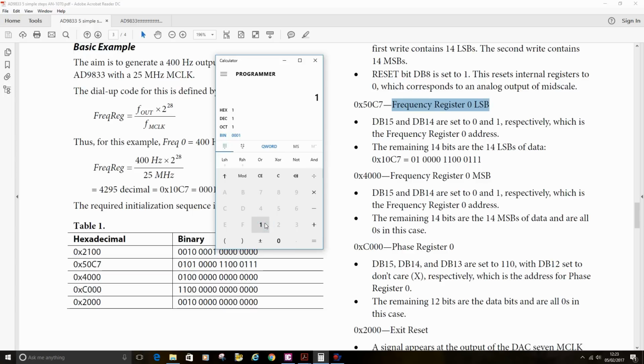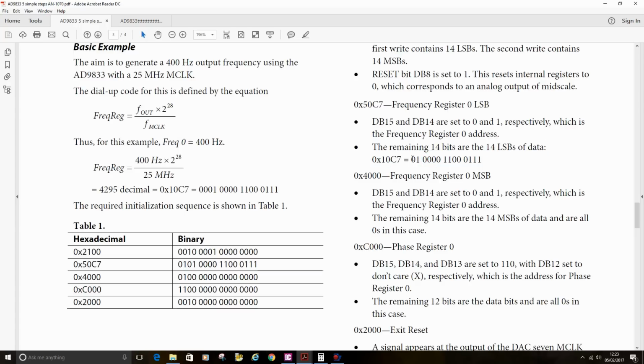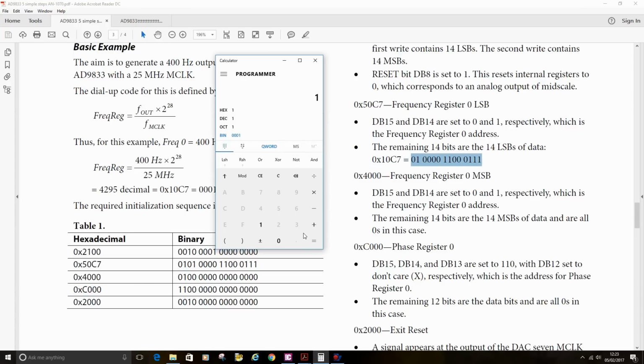So 14, then knock off 2 zeros, we're left with this bit over here. So 14, 0, 13, 12, 11, 10, 9, 8, 7, 6, 5, 4, 3, 2, 1, 0. That's our 50C7.